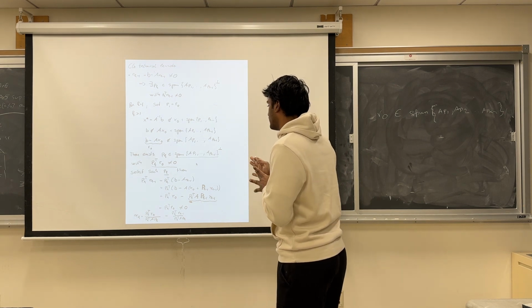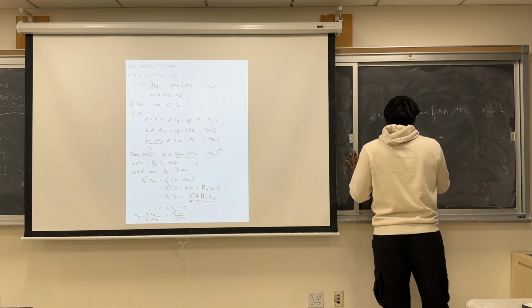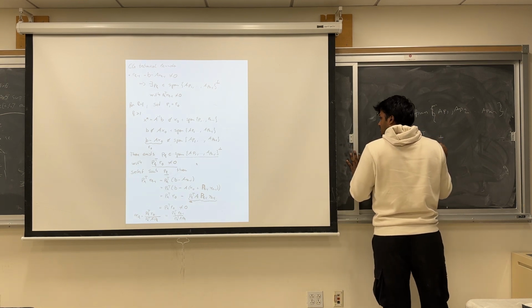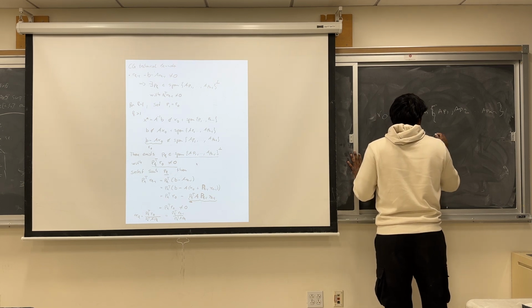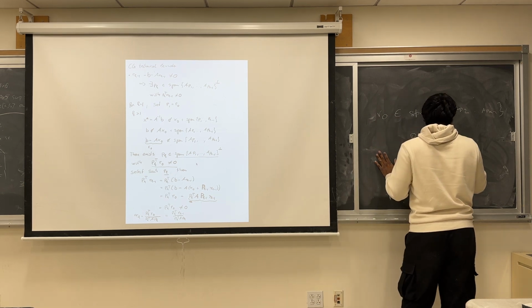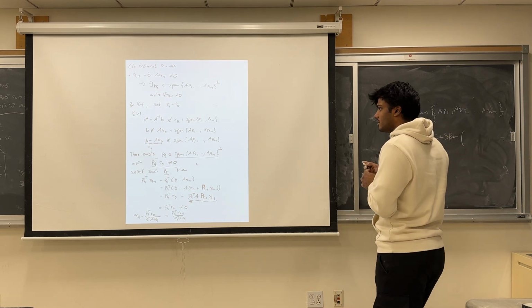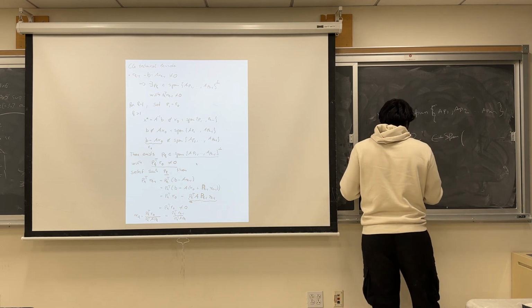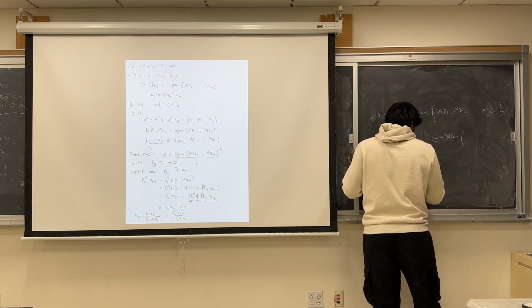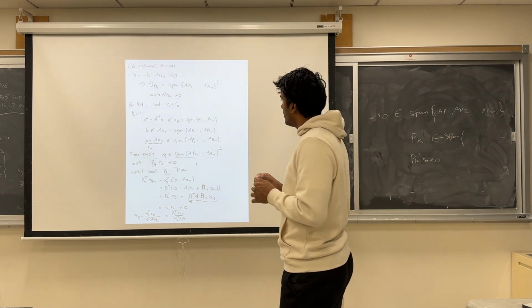And there exists P_k perpendicular to the span of this, which also satisfies that P_k transpose R naught is non-zero. That means it has some direction in R naught. Why is it R naught?